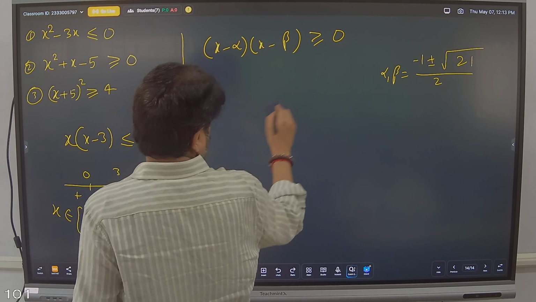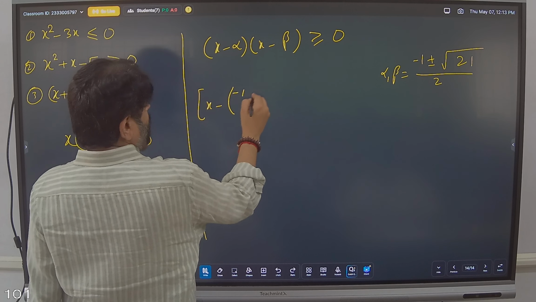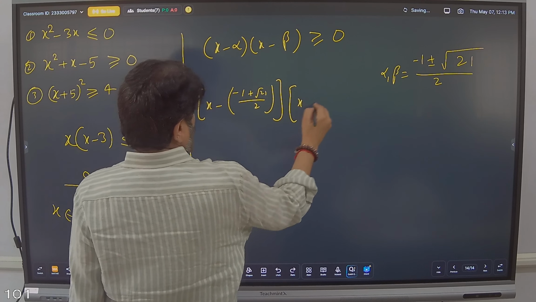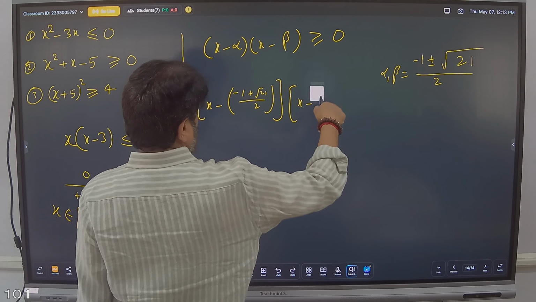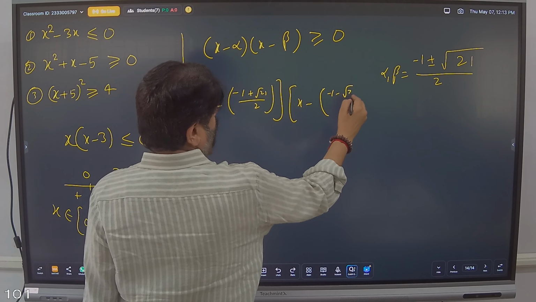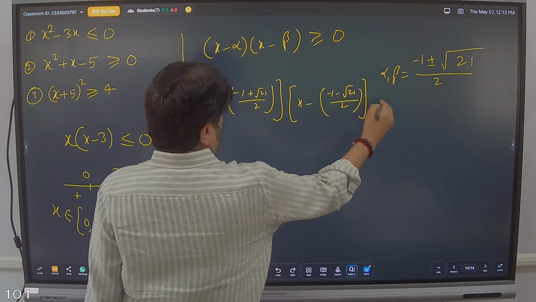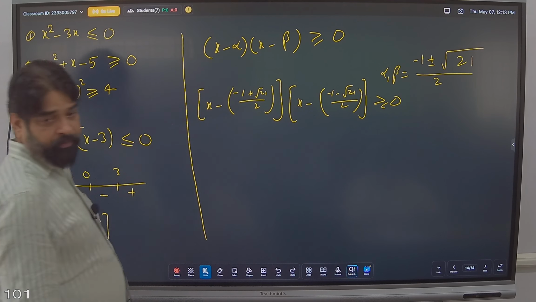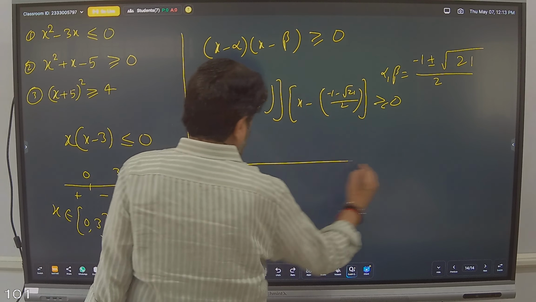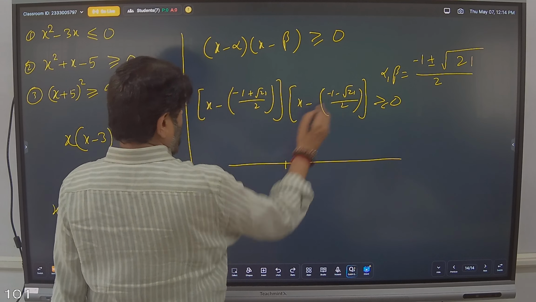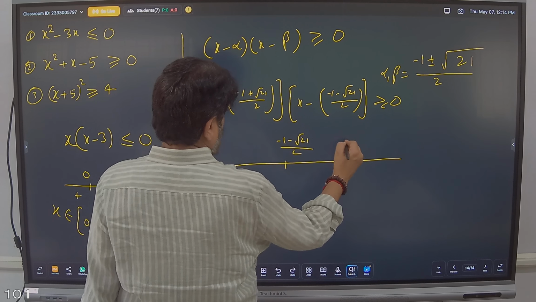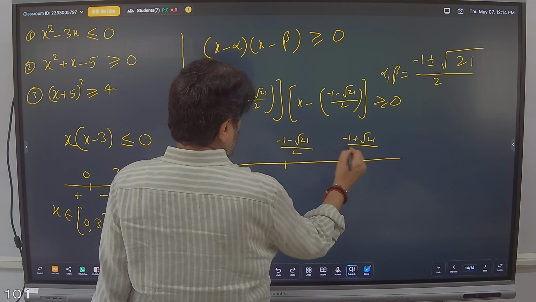x minus (minus 1 plus root 21)/2 into x minus (minus 1 minus root 21)/2 greater than or equal to 0. Am I right? Plot the critical points in increasing order. The smallest one will be (minus 1 minus root 21)/2 and then (minus 1 plus root 21)/2.